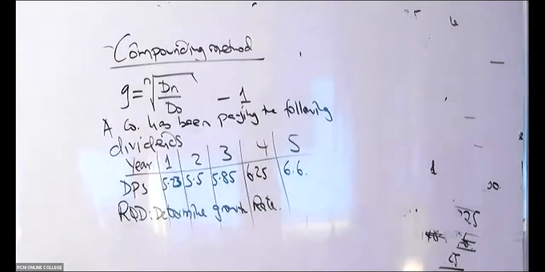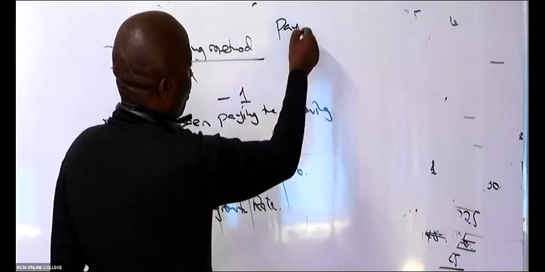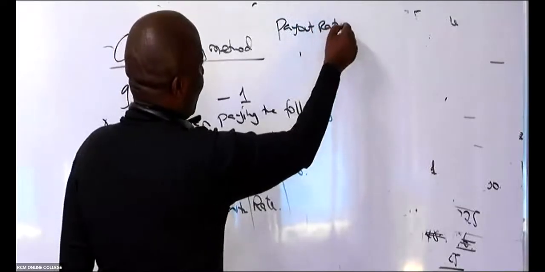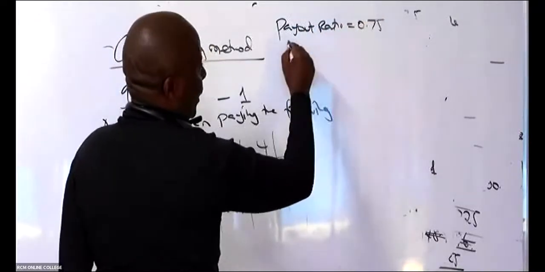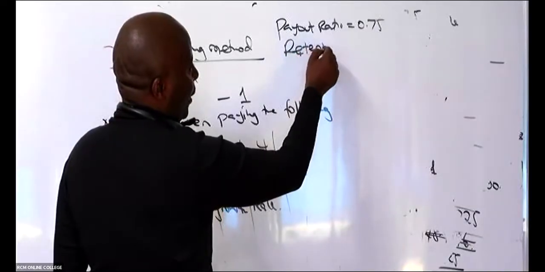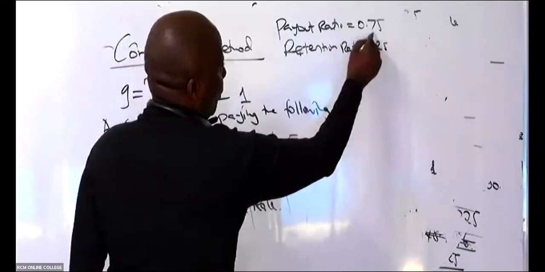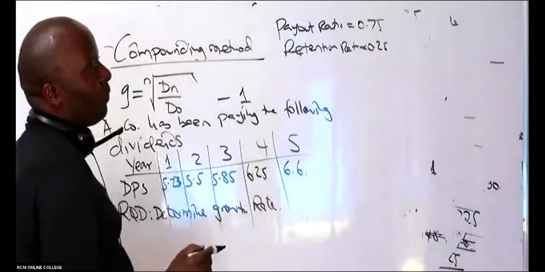Lost on retention ratio. Retention ratio, what happened here? That's very easy, really. If you're told the payout ratio is 0.75, Hassan, how much is being retained? Retention ratio will be the opposite of this: 0.25.